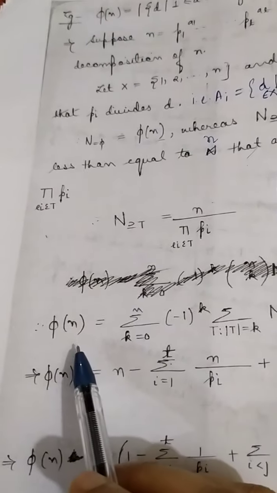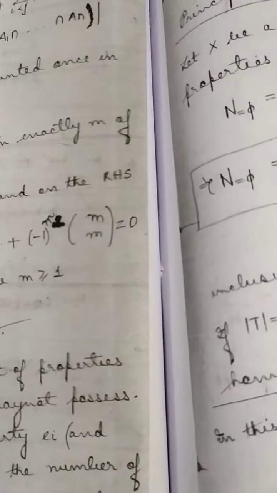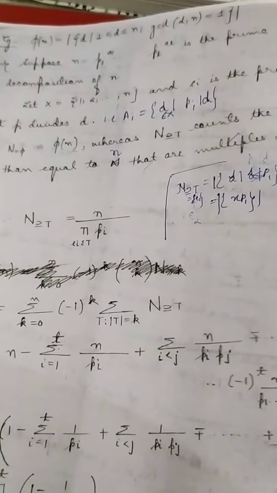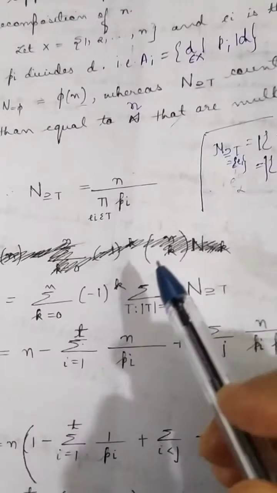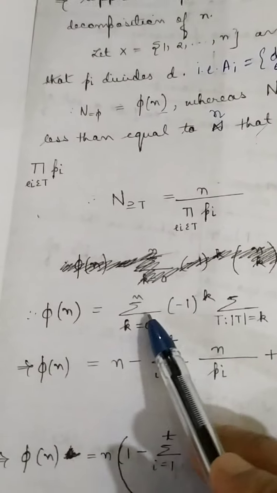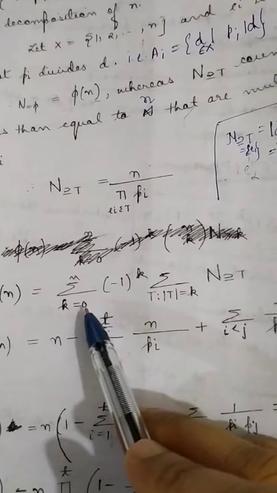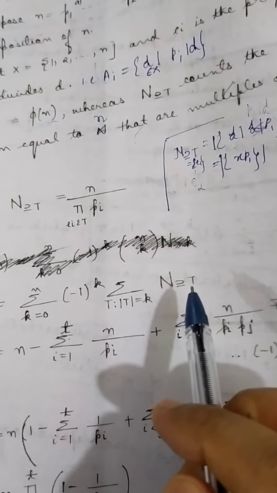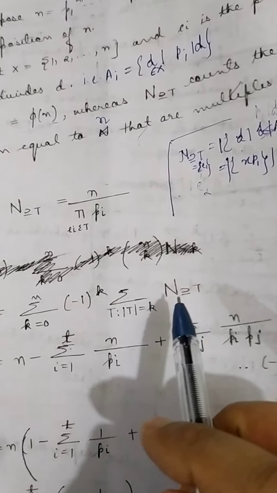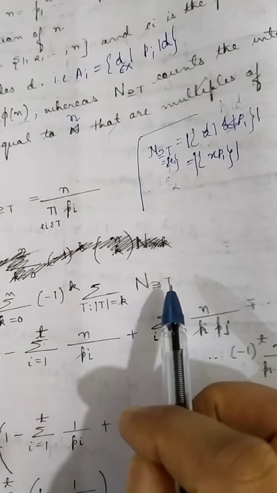So now we apply the formula. What is the formula? If I apply this formula, put k equal to 0, which means t is pi.